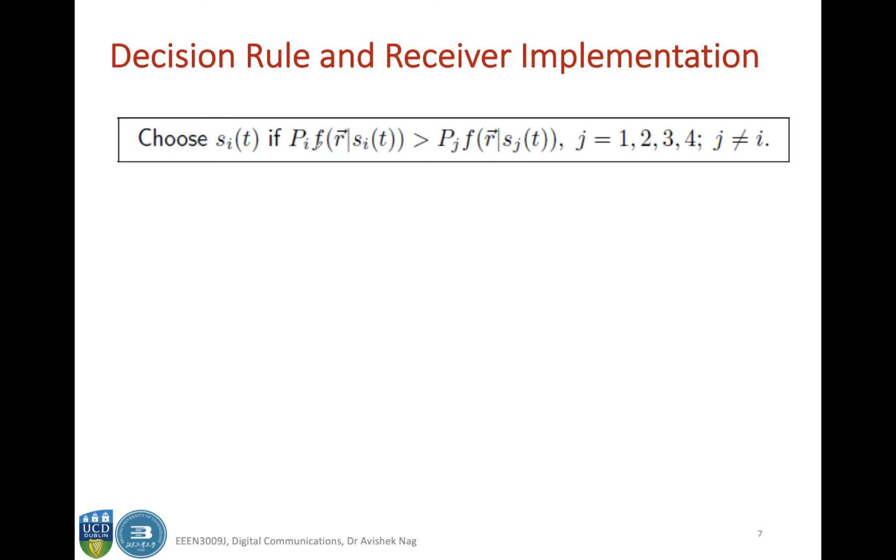So for the case of binary, here we have i and j, and they range from 1, 2, 3, 4.